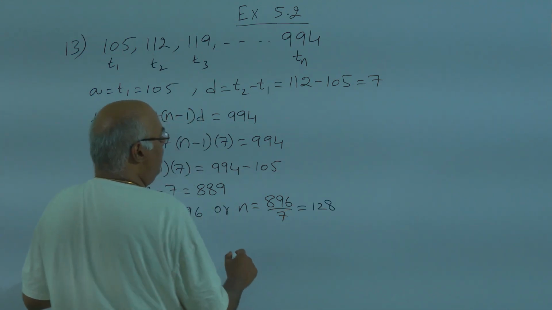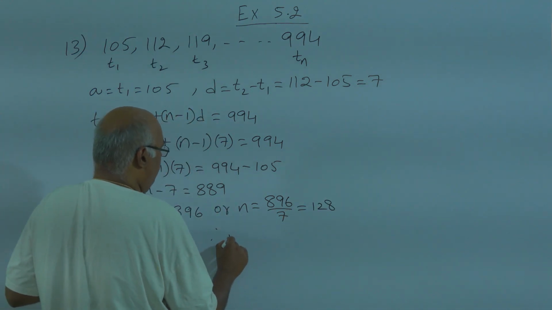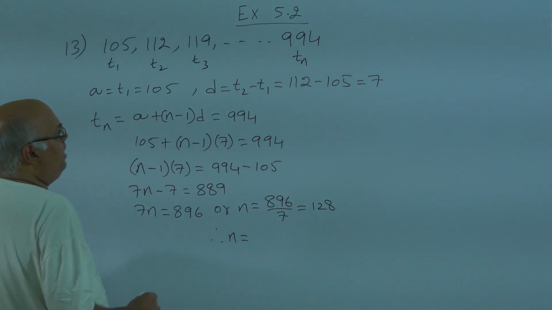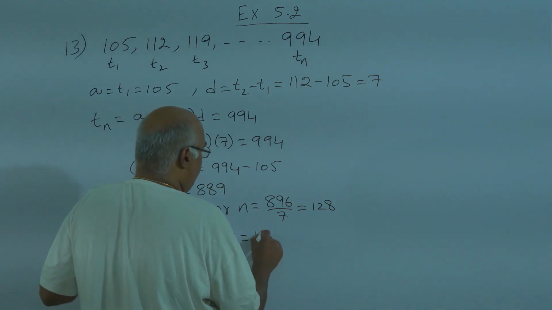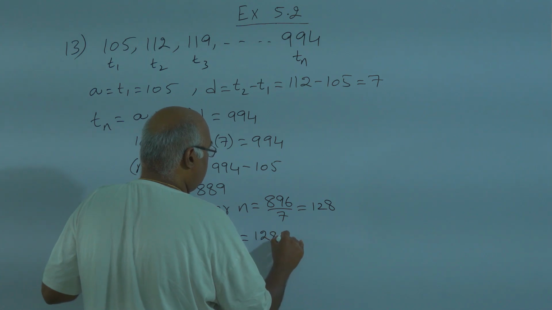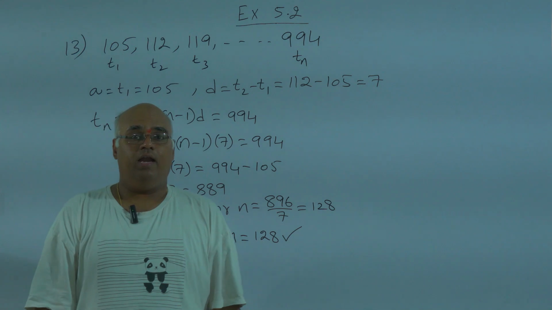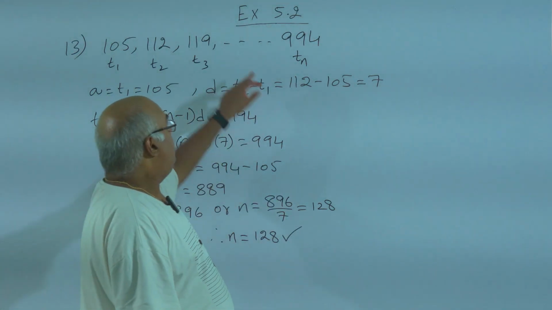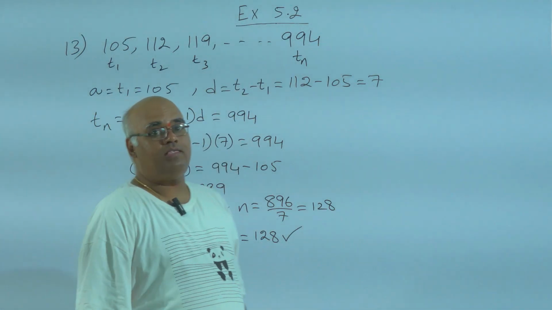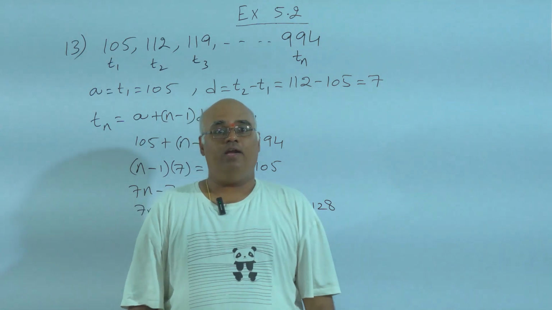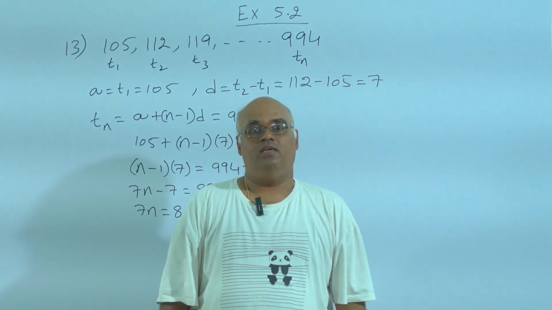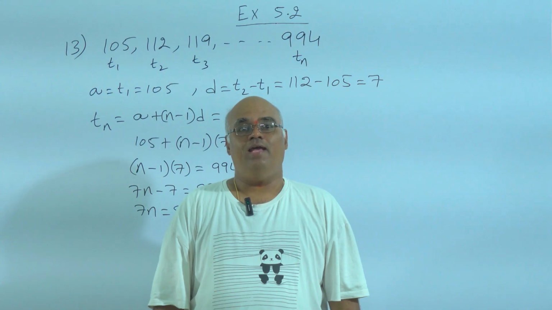This is equal to 128. Therefore, the number of terms, that is the value of n, is equal to 128. So this is the required answer. There are a total of 128 terms in this arithmetic progression. That means there are 128 3-digit numbers which are exactly divisible by 7.